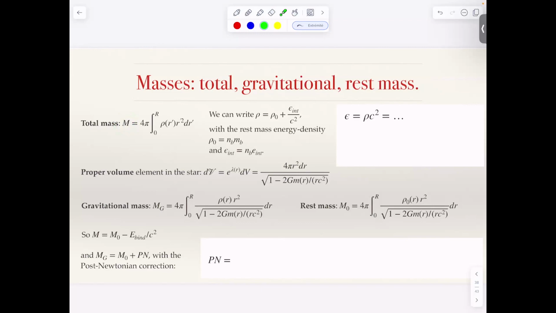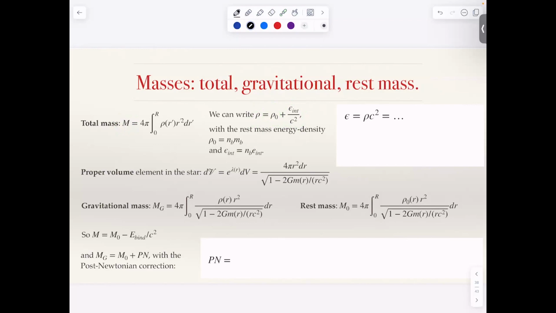Again, you can write the density as the rest mass density plus the contribution coming from the internal energy.